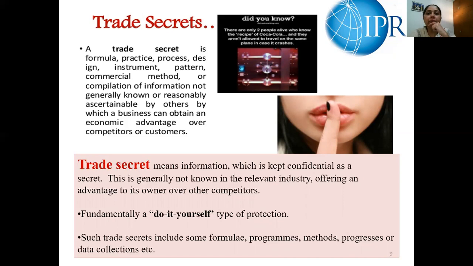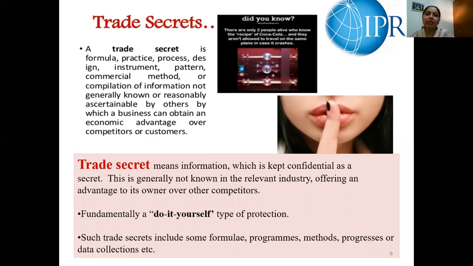And why is it a secret? Because of that secret, there is a lot of benefit associated to the business. It is giving an economic advantage over other competitors or customers. So a trade secret means information which is kept confidential, and only a few people who own that trade secret know it, and they have to maintain that secret so that they get the advantage over other competitors.